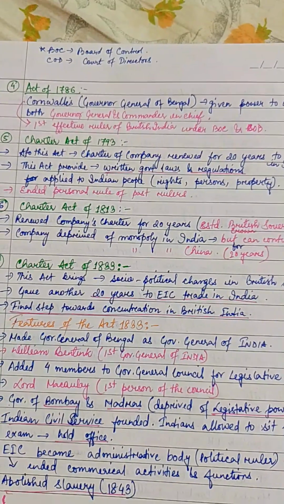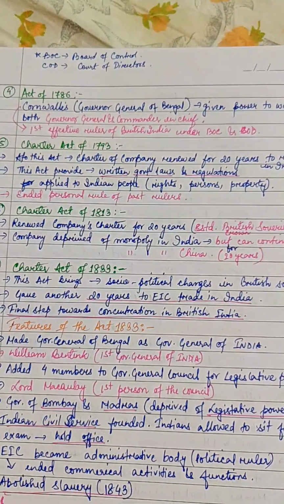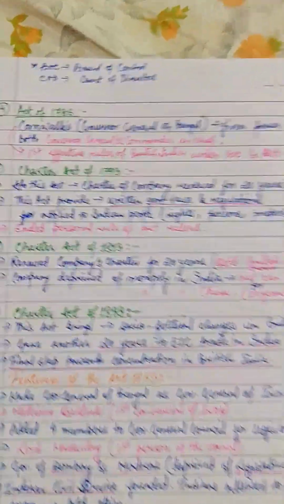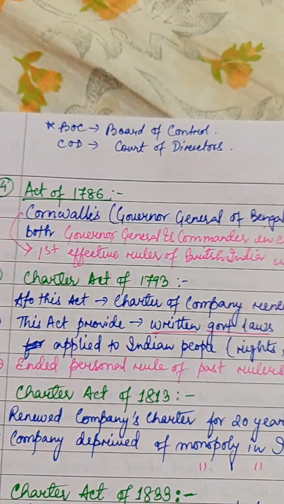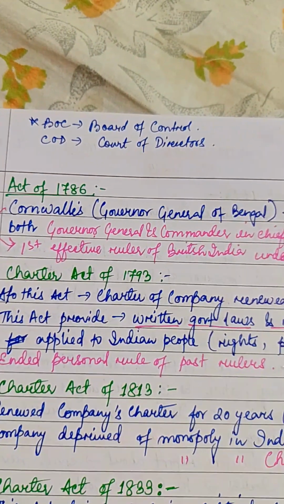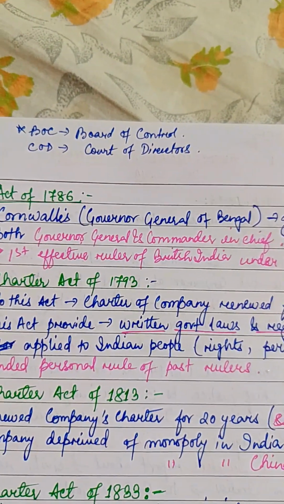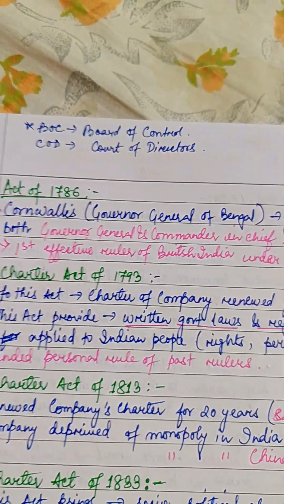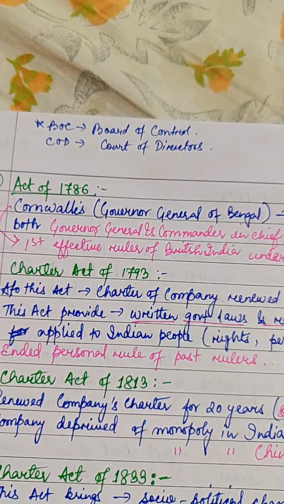Now what is this? I have written in a very short form. Even you aspirants can do that, write in short forms. You see here with the asterisk marks, BOC means Board of Control. During that time there was a Board of Control and Court of Directors. I have already explained them in my previous videos.